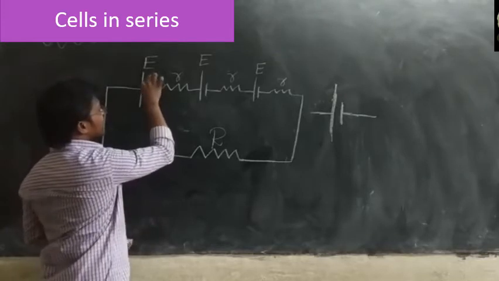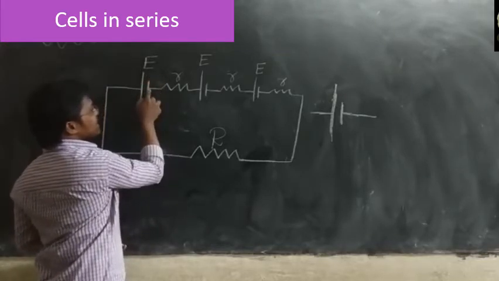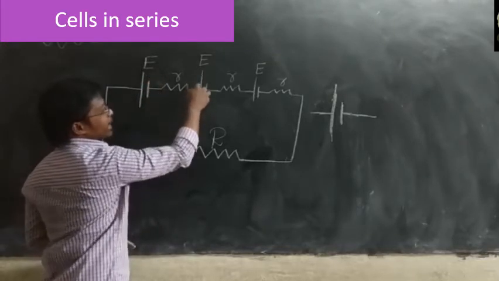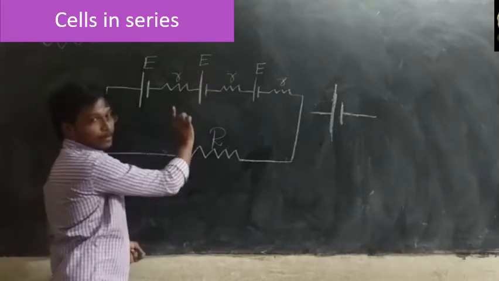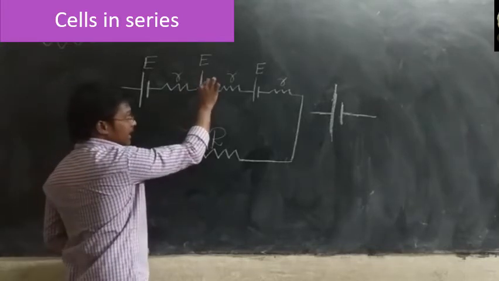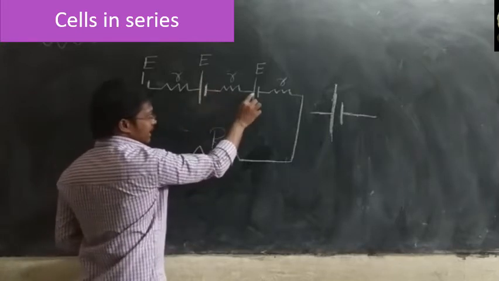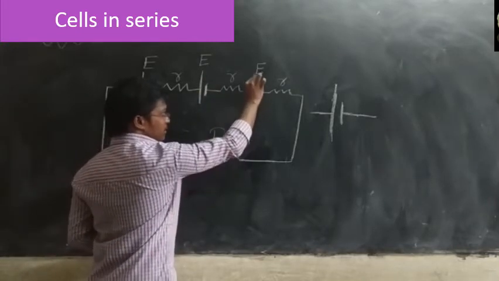The negative terminal of the first cell is connected to the positive terminal of the second cell, and the negative terminal of the second cell is connected to the positive terminal of the third cell.